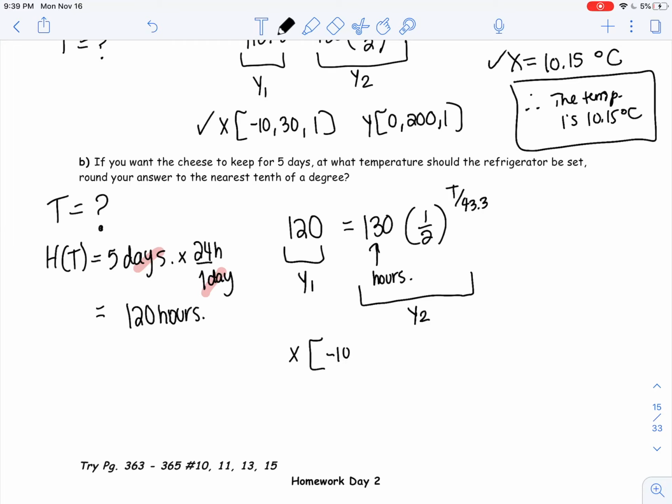Okay, so in your graphing calculator, you want to change your window. So your window can still be the same as original. As originally we had from negative 10 degrees Celsius to positive 30 as our min to max. Our y would still work if we kept it the same. So don't change your window from the previous question.